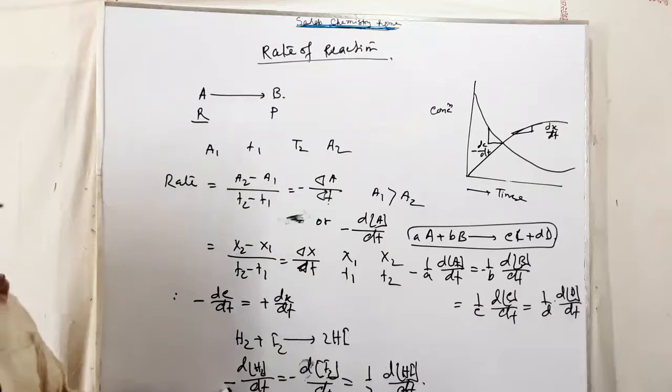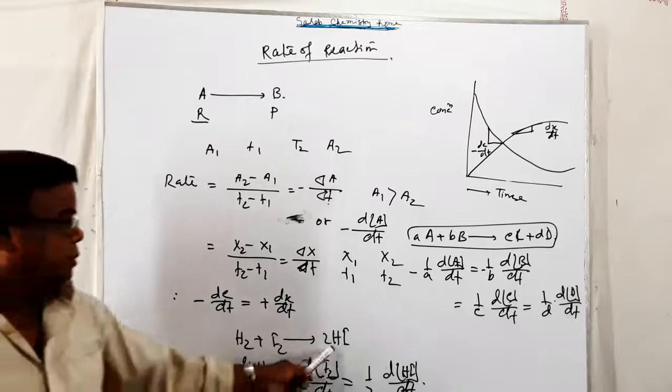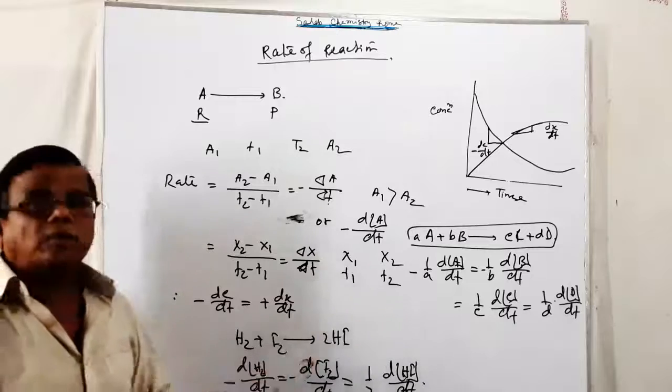That is the rate in the case of hydrogen and iodine forming hydroiodic acid.